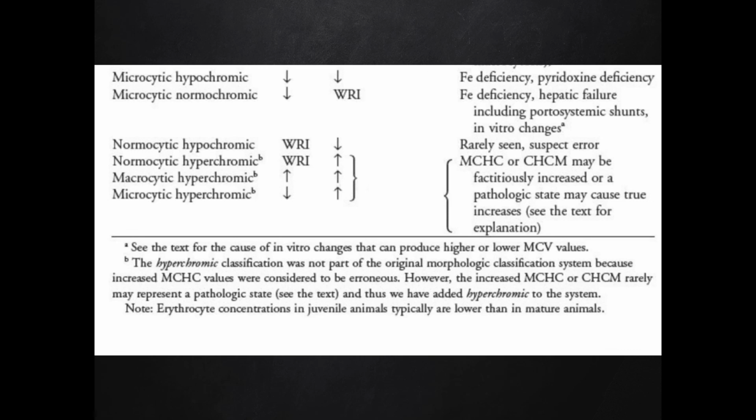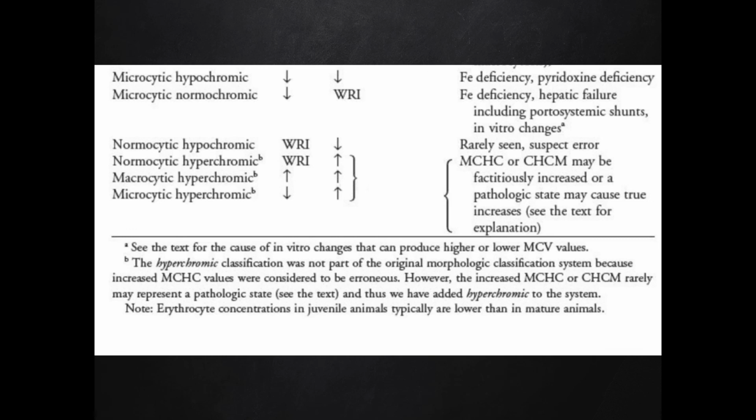In microcytic normochromic, lower in size and normal in hemoglobin concentration, you can also find iron deficiency, liver problem or hepatic failure, or portosystemic shunts, and in vitro changes. In normocytic hypochromic, you can suspect that an error is happening.